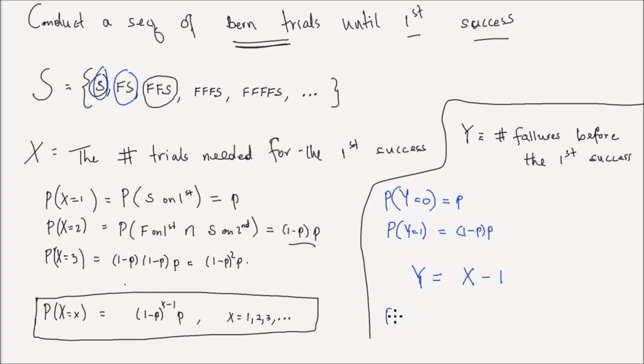And I can write the PMF of Y, P of Y of little y, as 1 minus P to the power of y times P, where the support of Y ranges from 0, 1, 2, and so on.